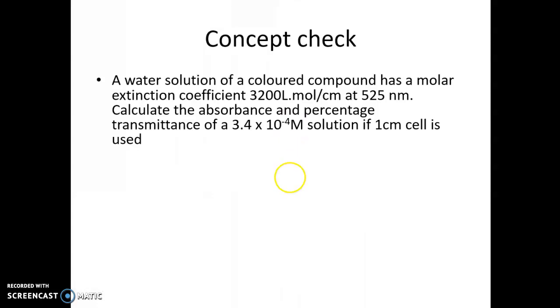There is an example in your notes. There's a calculation example in your notes. A water solution of a colored compound has a molar extinction coefficient. So that's our proportionality constant epsilon. The proportionality constant, I did not mention that the other time, is also dependent on the wavelength. So it has a molar extinction coefficient at this wavelength. We're to calculate the absorbance.